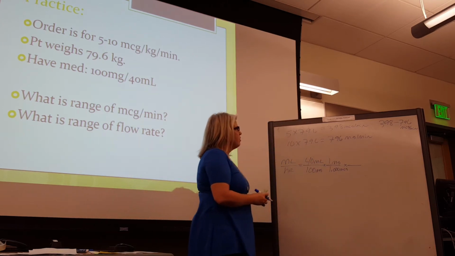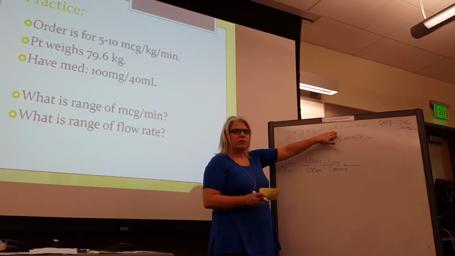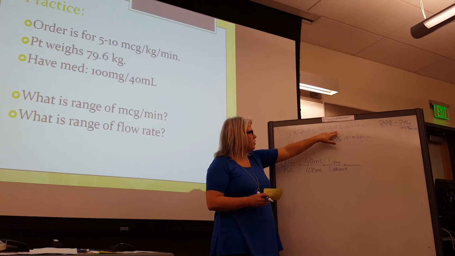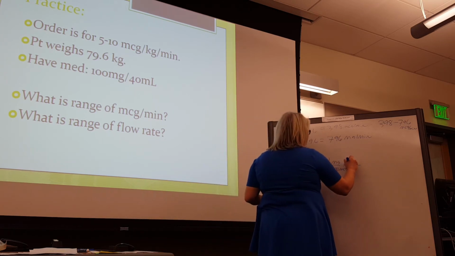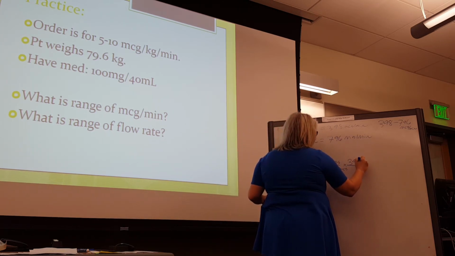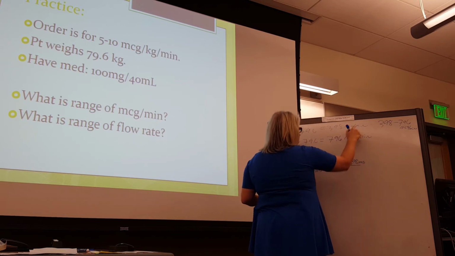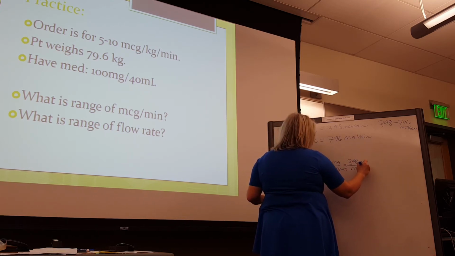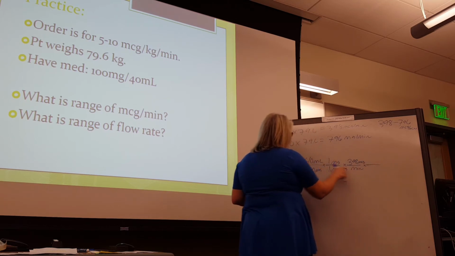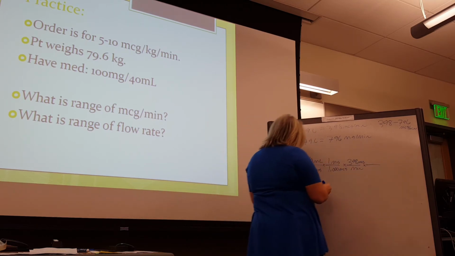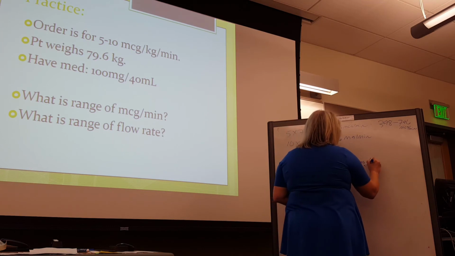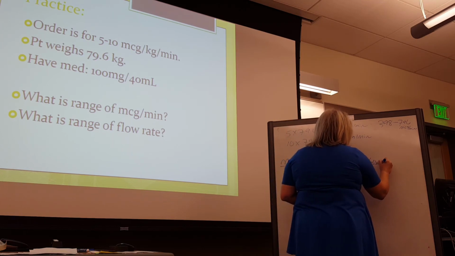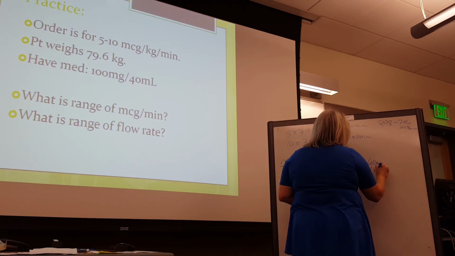And so doing it for the low one, I'm going to plug this one in first. I'm doing the low first, so 398 micrograms per minute. And again, it's going to be per hour, so we want to carry that out. So there's 60 minutes in 1 hour.